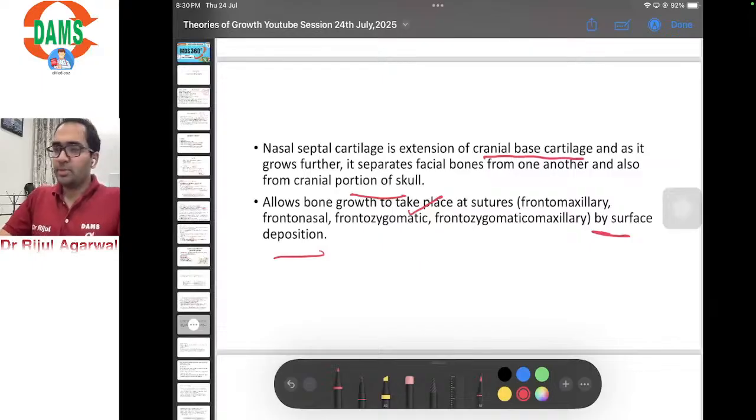Sorry for the interruption. So at the same time, how is the growth in the cranial vault occurring? Through the sutures, and not by sutural expansion, but just by surface deposition of bone at the sutural level.